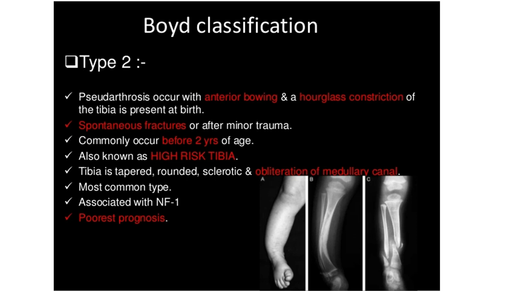It is the most common form of congenital pseudoarthrosis of tibia, and it can cause a pathological fracture from trivial trauma, and it can cause anterolateral bowing with an hourglass appearance or hourglass constriction of the tibia, surrounded by sclerosis and obliteration of the medullary cavity, and this type is most commonly associated with neurofibromatosis type 1, and it has the poorest prognosis.